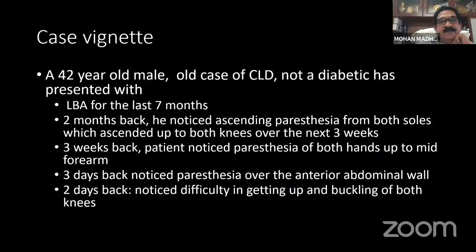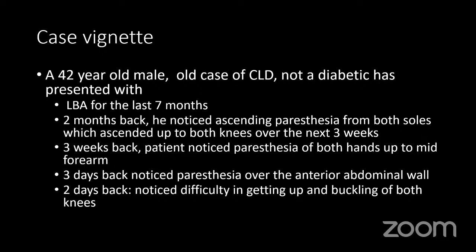So, anyone want to make a comment from the history? It looks like a peripheral neuropathy, starting from the lower limb and going upward, subsequently a motor neuropathy. The only point is that the low backache was slightly odd in this patient. Even the low backache could be part of spasticity, because it was followed by sensory symptoms.